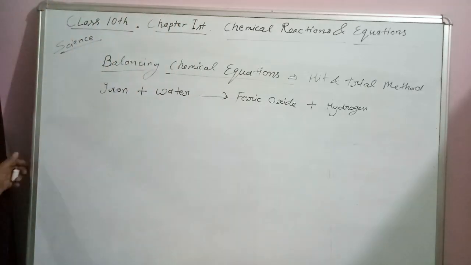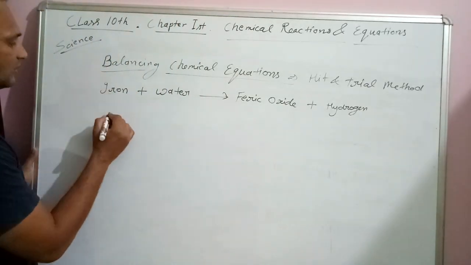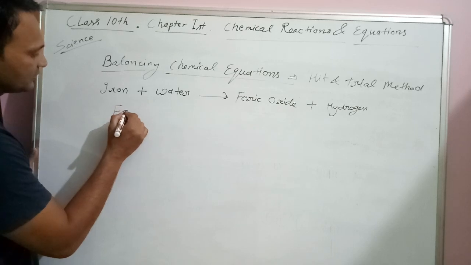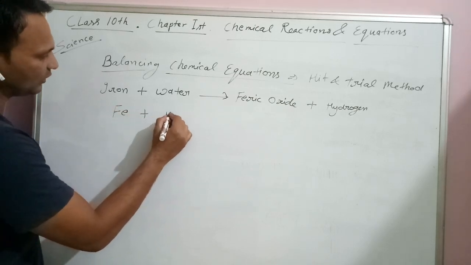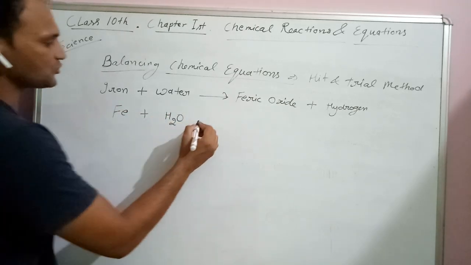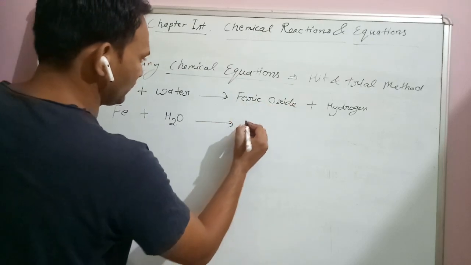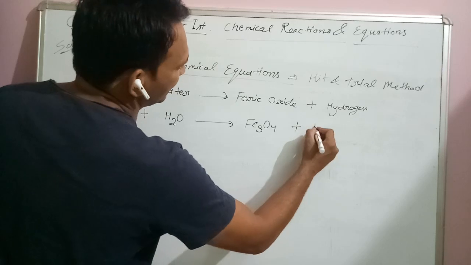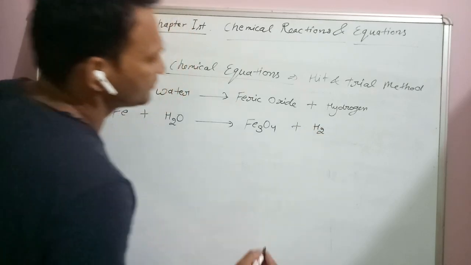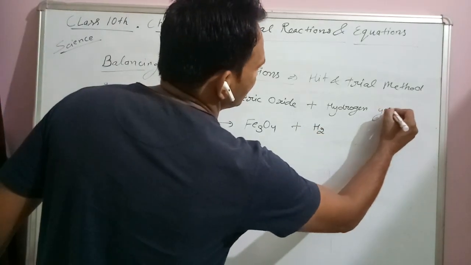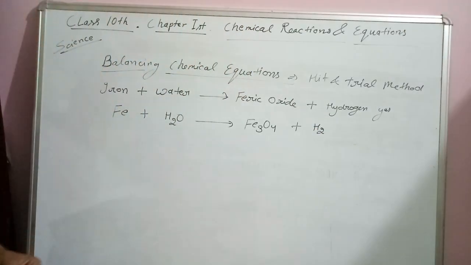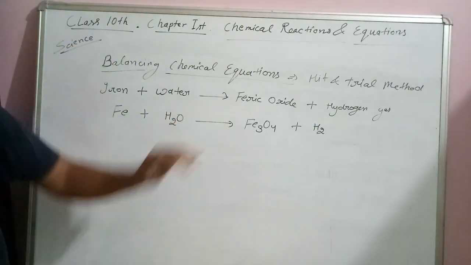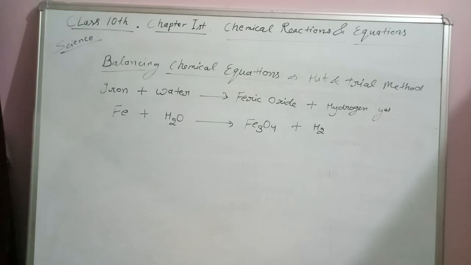So we first write its skeleton equation. The symbol of iron is Fe plus the formula of water is H2O, and the ferric oxide formula is Fe3O4, and the formula of the hydrogen gas is H2. So this is the skeleton equation we write.